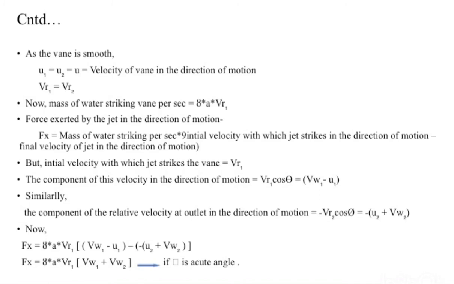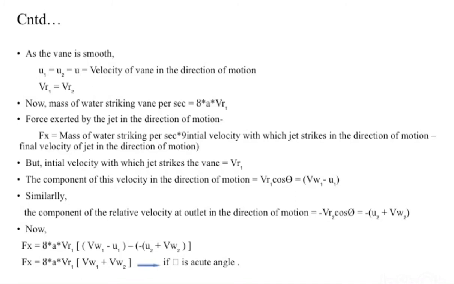But here the initial velocity with which the jet strikes the vane, that is VR1, that component of velocity in the direction of motion can be given as VR1 cos theta, which is equal to VW1 minus U1.